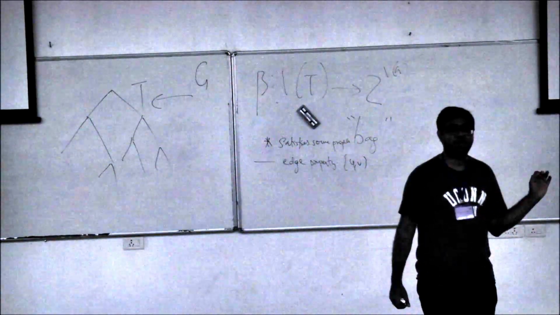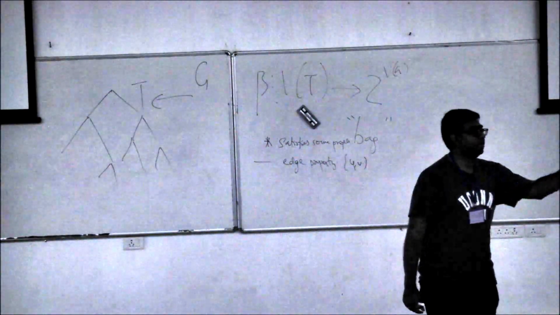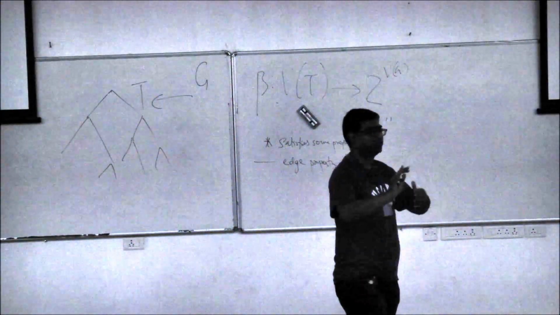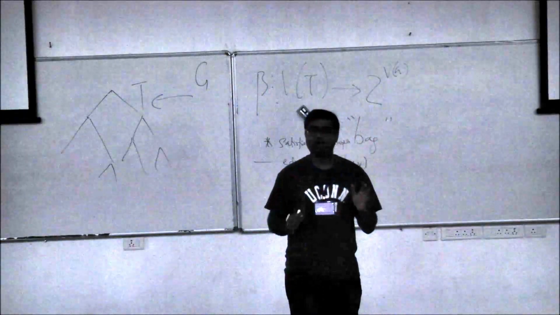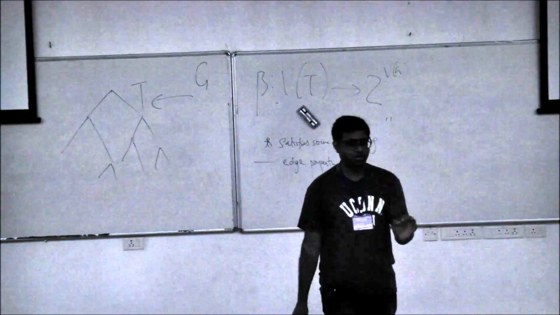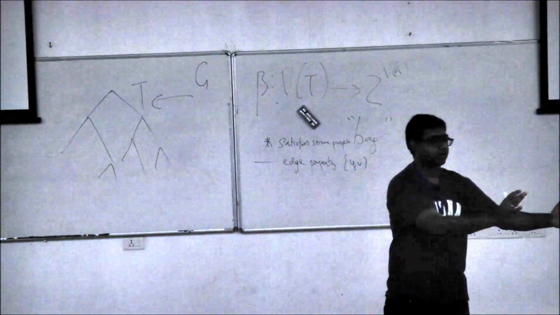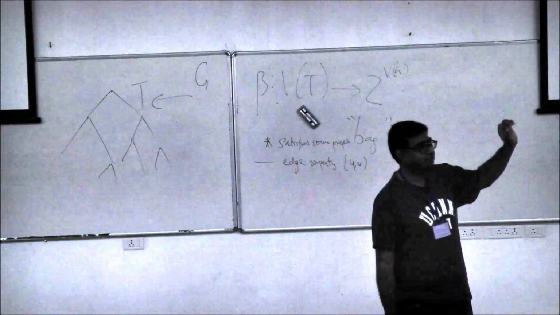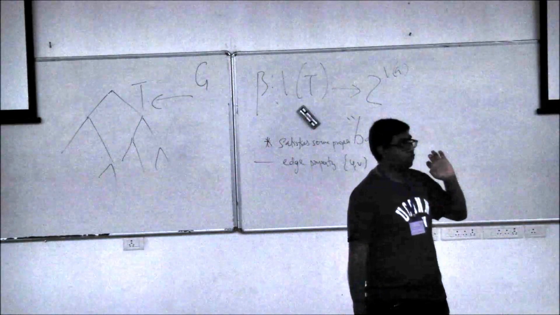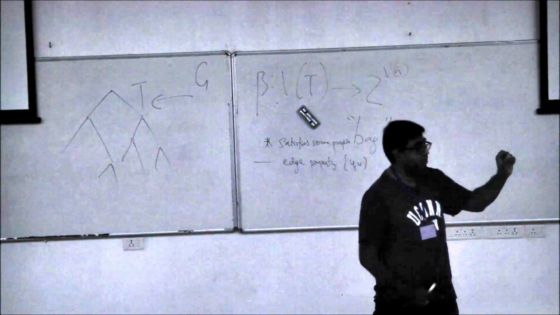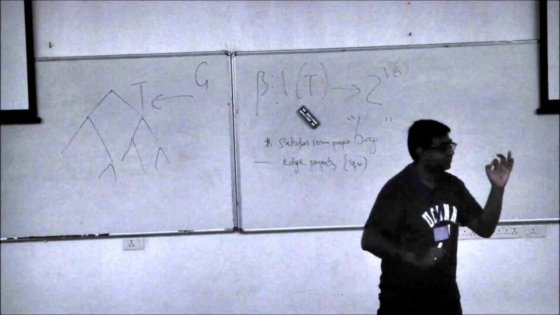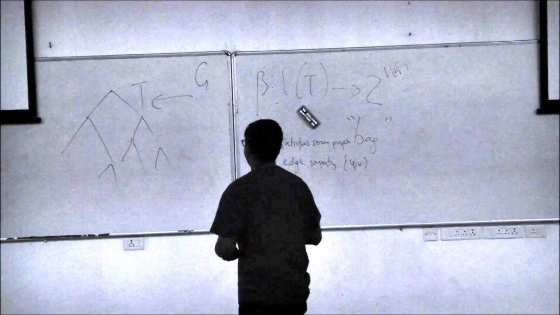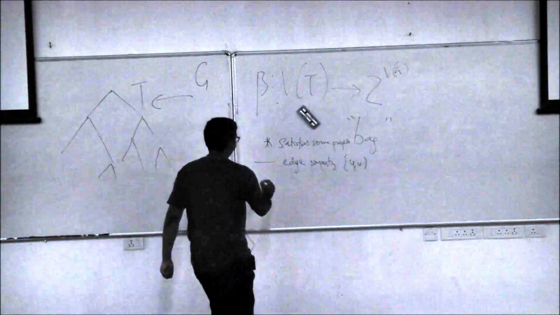Now this vertex can appear in many associations of beta, because I never say that beta has to be a partition of the vertices. All beta does, for every node in my tree, is associate a subset of vertices. Now fix a vertex and look at those nodes in the tree whose corresponding bag has this vertex. You want them to be connected. Okay? So this is the connectivity property.